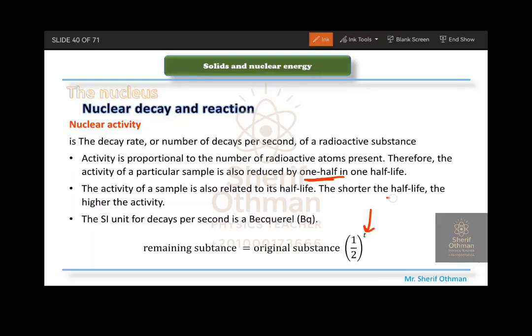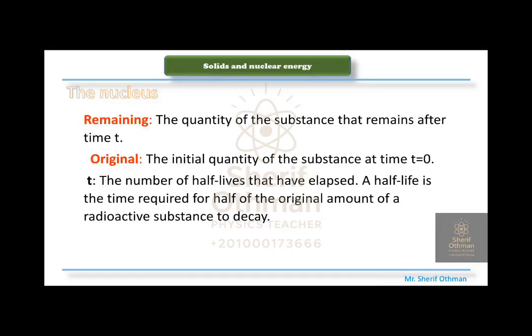The shorter the half-life, the more radioactive, so the rate of change of atoms is very fast. The SI unit of decay per second is the becquerel, named after the scientist who discovered radioactivity. The remaining amount is the quantity of the substance that remains after a certain time t.